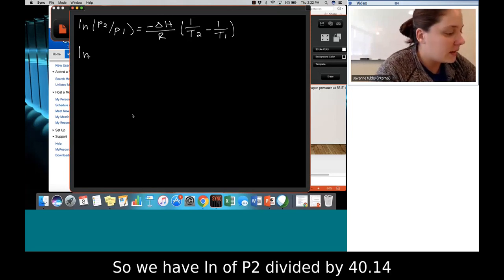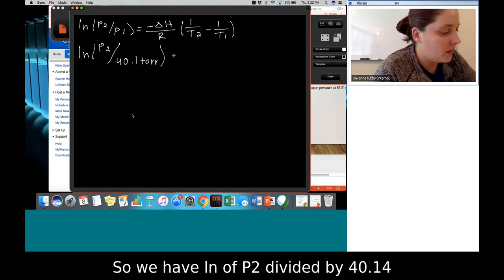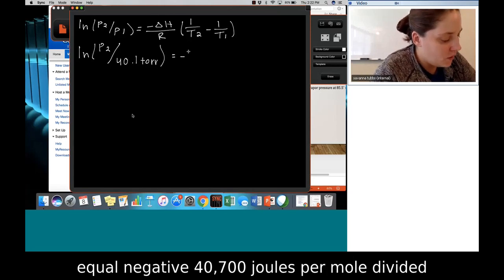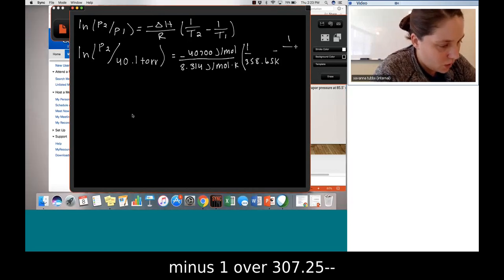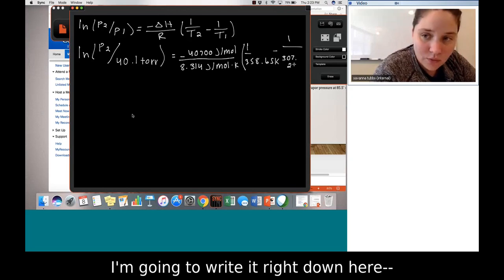So we have ln of P2 divided by 40.1 torr equals negative 40,700 joules per mole divided by 8.314 joules per mole Kelvin times 1 over 358.65 Kelvin minus 1 over 307.25 Kelvin.